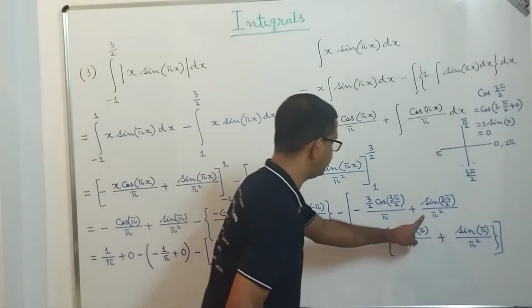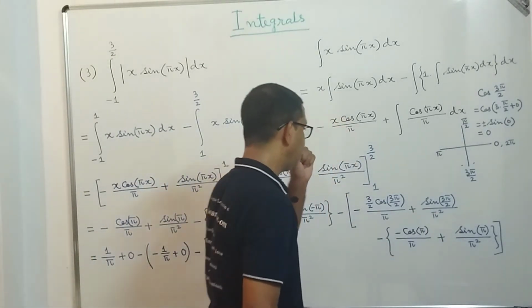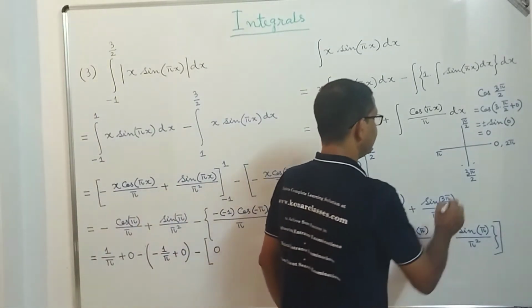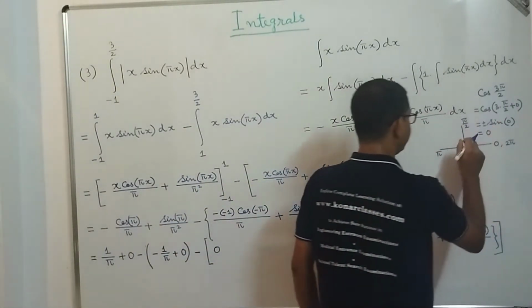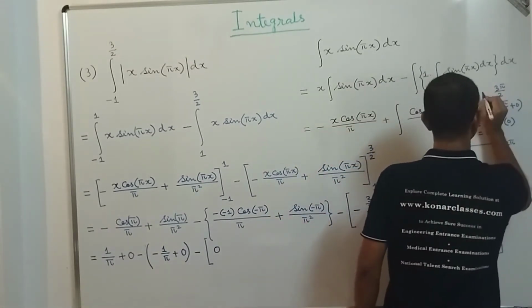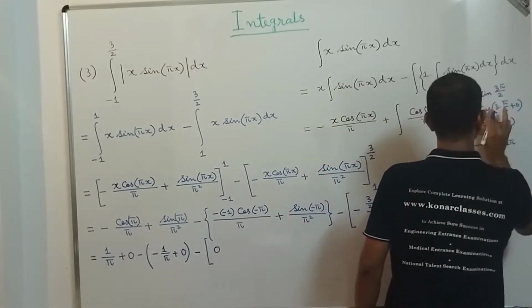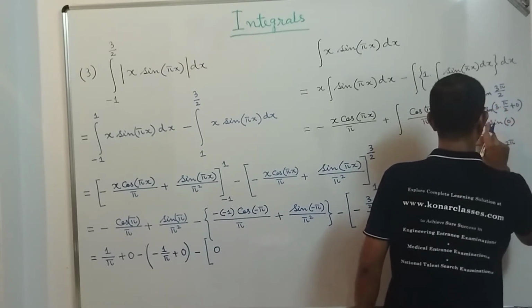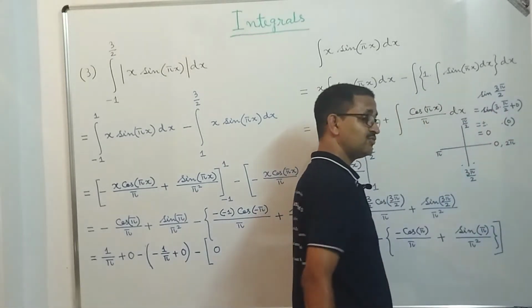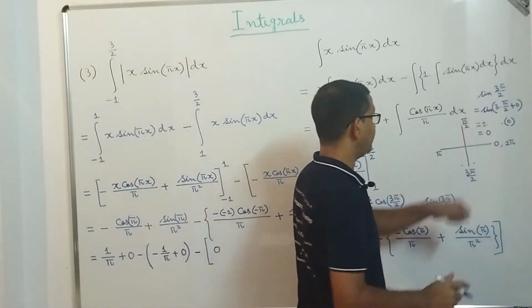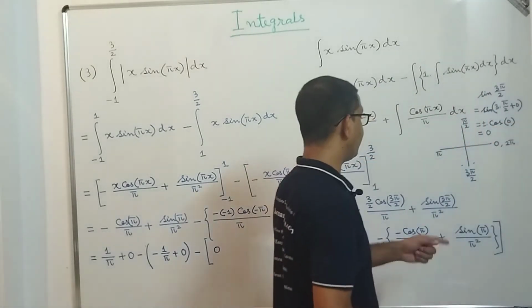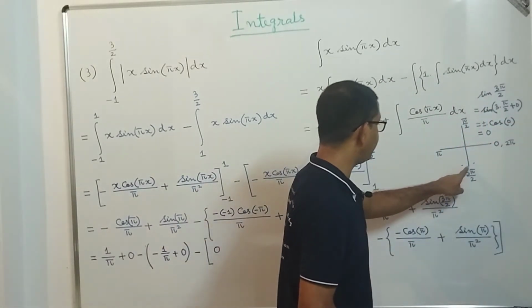Now let's concentrate here. What is the value of sine 3 pi by 2? In a similar manner, sine 3 into pi by 2, 3 is an odd number, so it should be sine's cofunction cos 0, but whether it is positive or negative depends on which quadrant 3 pi by 2 is in.